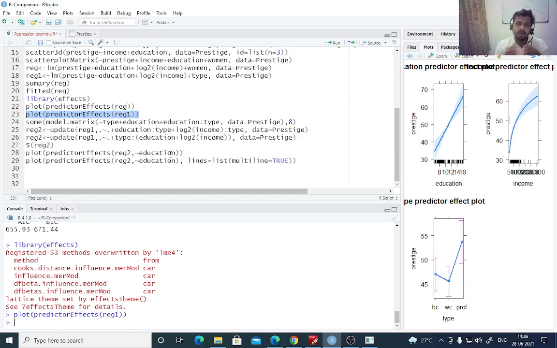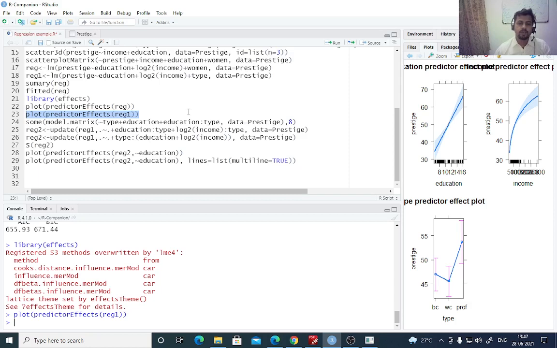When you have a linear regression model where you have only factors as the explanatory variables, they are called ANOVA models, or analysis of variance models. But when you also have numeric predictors apart from factors, in a linear model, such models are called ANCOVA models, or analysis of covariance models. So these are the terminologies that you should keep in mind.